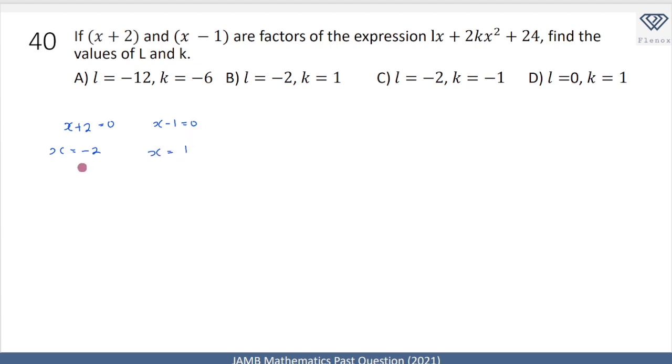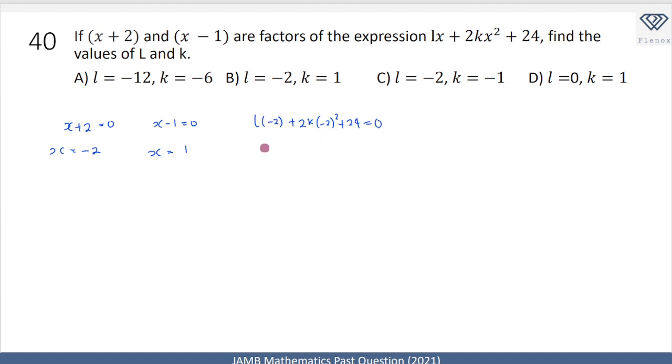If we substitute the value of minus 2 for x into this expression, it should be equal to 0. We're given L into bracket minus 2 plus 2k into bracket minus 2 squared plus 24 must be equal to 0, because that way it means it is a factor.